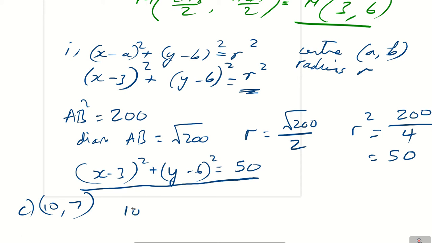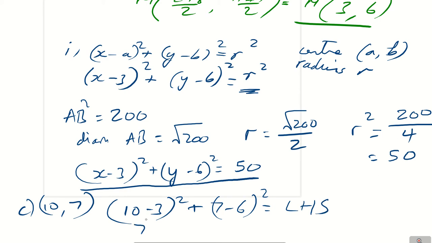So we've got 10 minus 3 squared plus 7 minus 6 squared is the left hand side, and that's going to be 7 squared plus 1 squared, which is 49 plus 1, which equals 50, which is the right hand side. So we've done it.